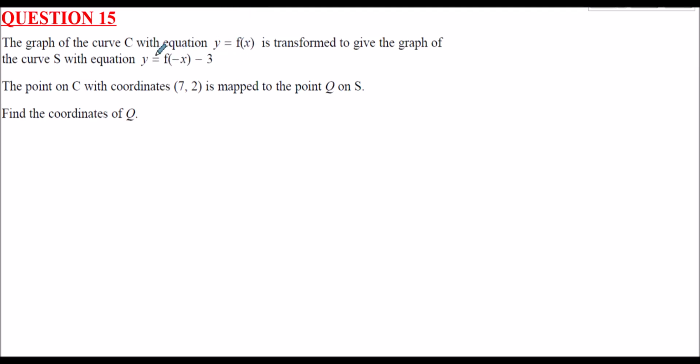So we've gone from f(x) and 2 changes have happened. Instead of f(x), it's now f(minus x). And also, we've got f(minus x) minus 3. So one change here inside the brackets, and another change of this minus 3 outside of the function brackets. So we need to think about the steps to take.